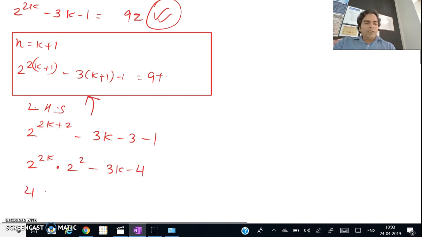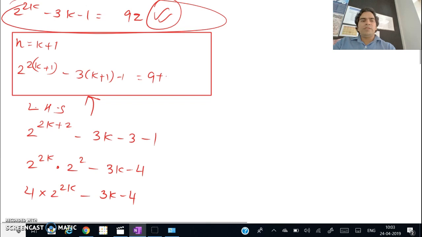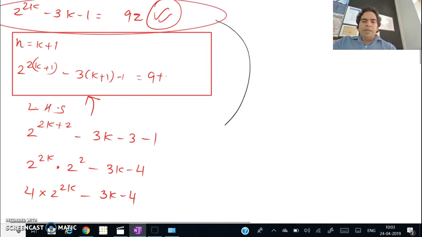So it becomes 4 times 2 to the power 2k, minus 3k minus 4. Now I have to use the assumption from above. How can I use this? If I replace this 2 to the power 2k from here, I can get the induction.